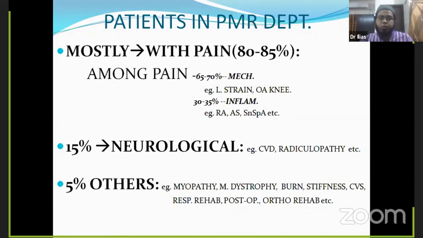Actually, the patients who come to our department mostly come with pain. Approximately 80 to 85% of the patients of our physical medicine department come with pain.